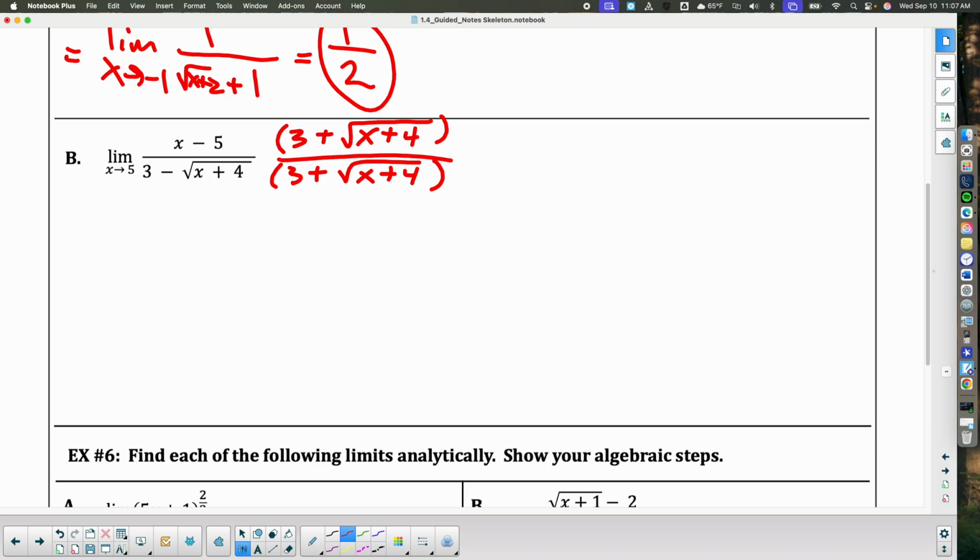Yeah. I wonder if a lot of people are getting stuck on that same spot. Your denominator should not say 3 minus x plus 4. Actually, 3 is very wrong, it should be 9.